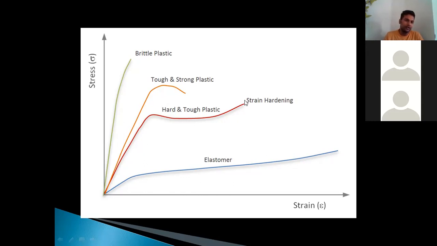Then the hard and tough plastic, which again behaves differently with the increase in stress. And the elastomers, where the elastic limit is very high, or the material is highly elastic, will behave differently again. So the significance of this graph is to explain how different materials behave differently under the effect of stress.